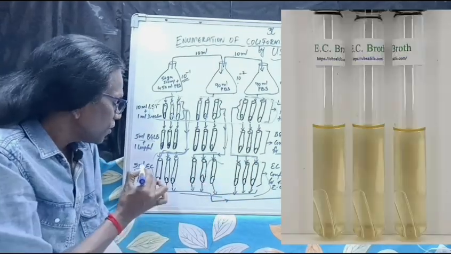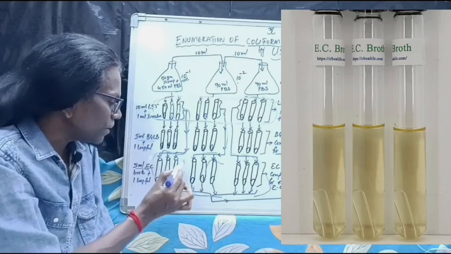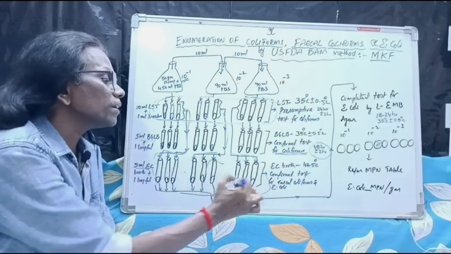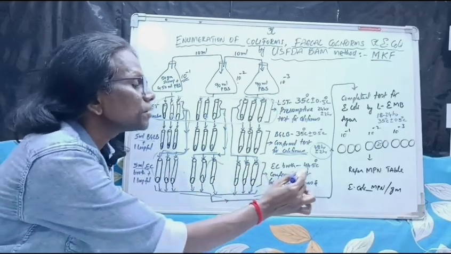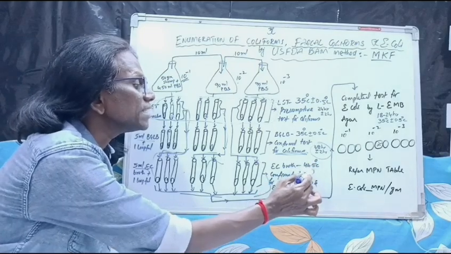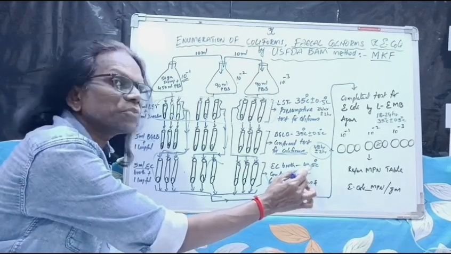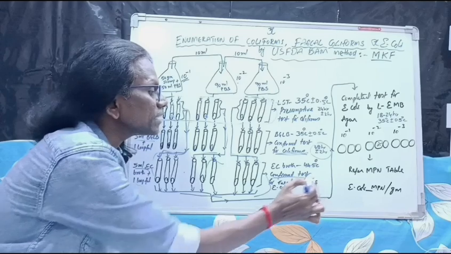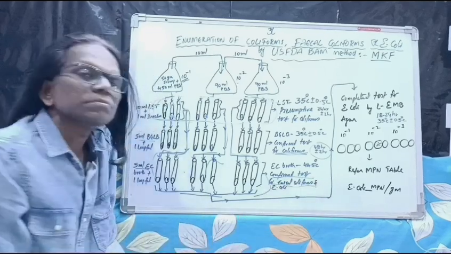These tubes contain 5 ml of EC broth and a loopful of inoculum. Incubate at 44.5 degrees centigrade. This is the confirmatory test for fecal coliforms.